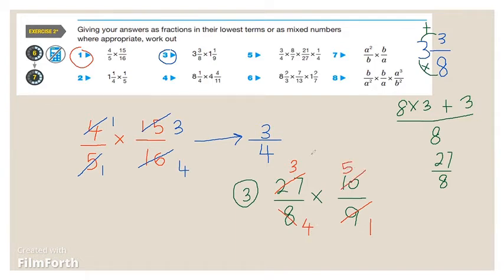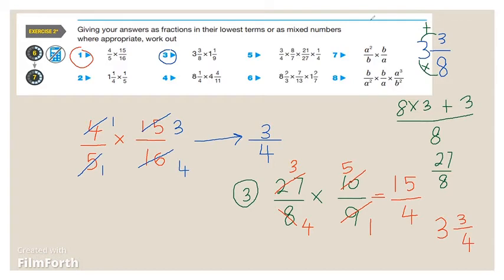Then I can simplify 5 times 3, it's 15, and 4 times 1, it's 4. So if you want, you can write this as an improper fraction, or else you can change it into a mixed number and write 3 and 3 out of 4, right? So both methods are acceptable, right?